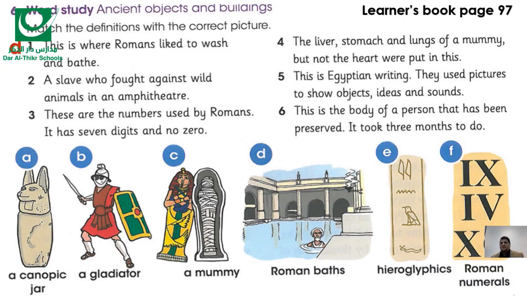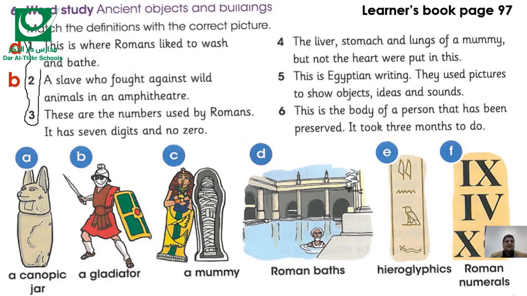Now you are going to pause the video, answer all of them in your book, and then come back to me to check your answers. Now we are back. B is going to be for a slave which fought against wild animals. Number 3, the numbers used by Romans didn't have 0. 0 is Arabic numerals, and we talked about this before, that the Arabic numerals are these ones.